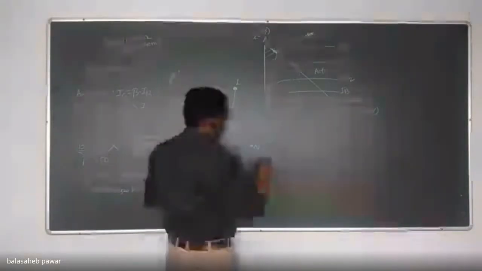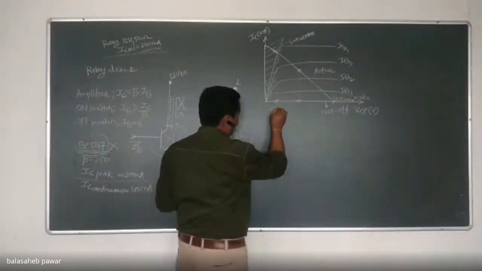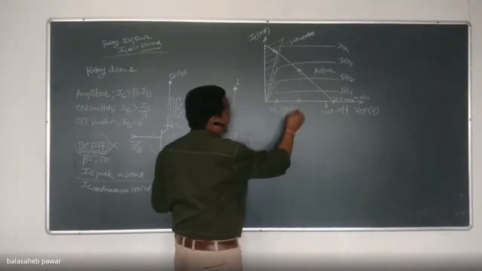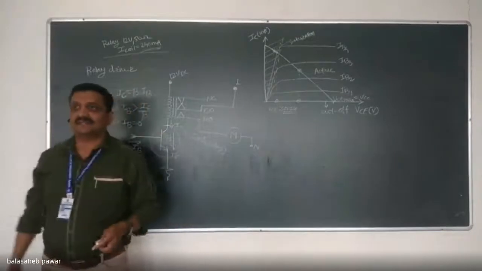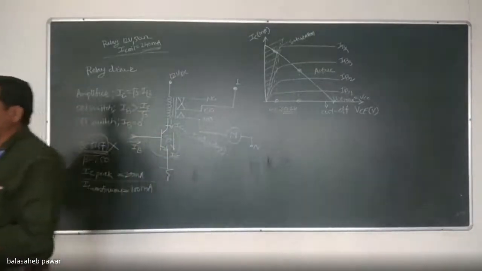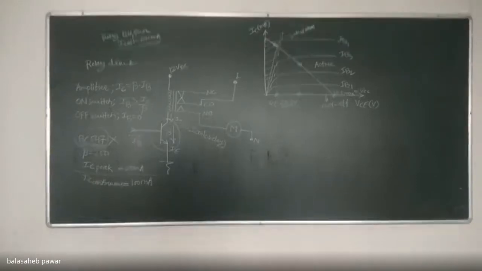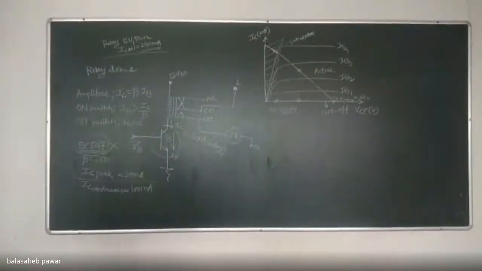For a conventional NPN transistor, it is considered that VCE is approximately equal to 0.2 volts. This thing you have to remember, right? Being an on switch, the voltage drop across that switch is just 0.2 volts. Okay. Is it okay?